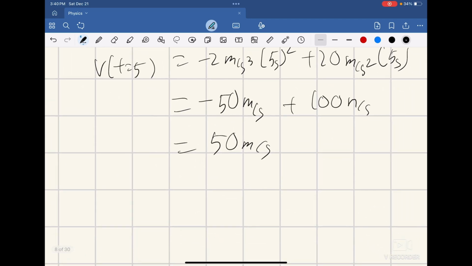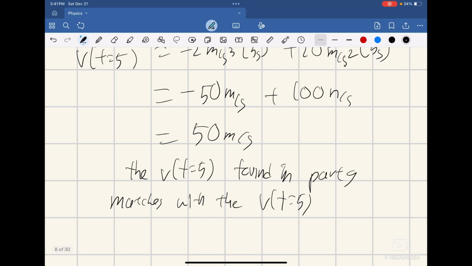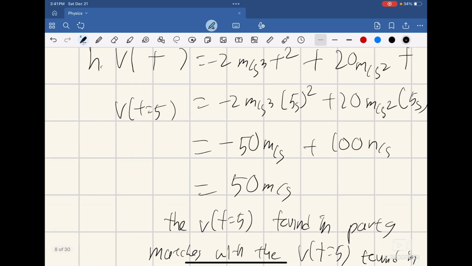And this agrees with the information we found in part G. So the v of 5 found in part G matches the v of 5 found in part H.